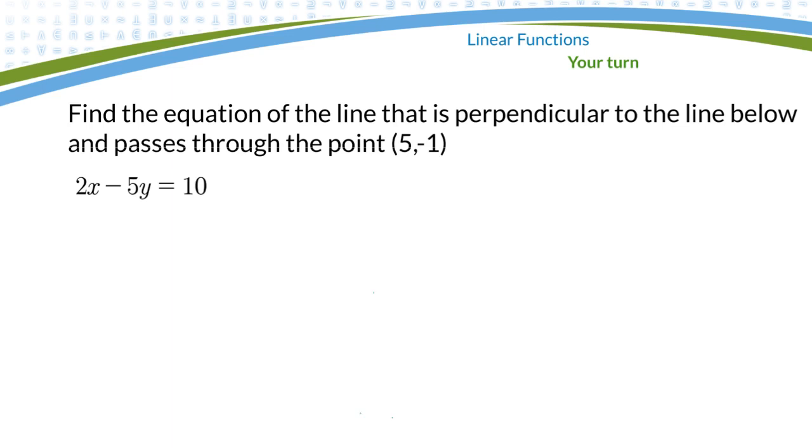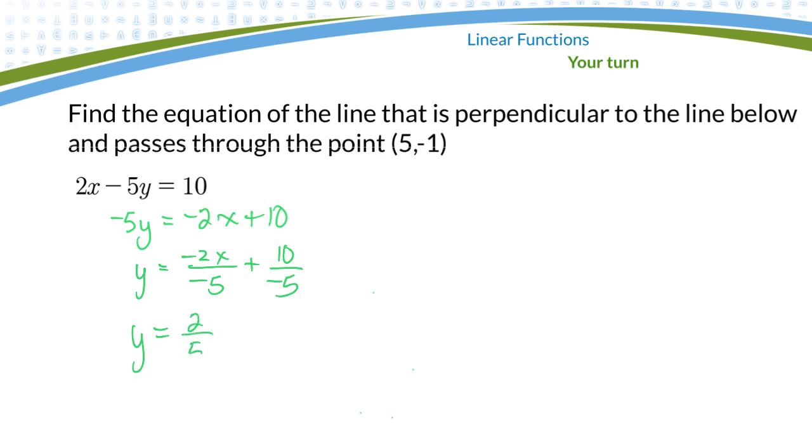Okay, let's find the slope of this perpendicular line. So minus 5y equals minus 2x plus 10. And divide everything by minus 5. So I'll get minus 2 over minus 5 x plus 10 over minus 5. So the line is y equals 2/5 x minus 2.